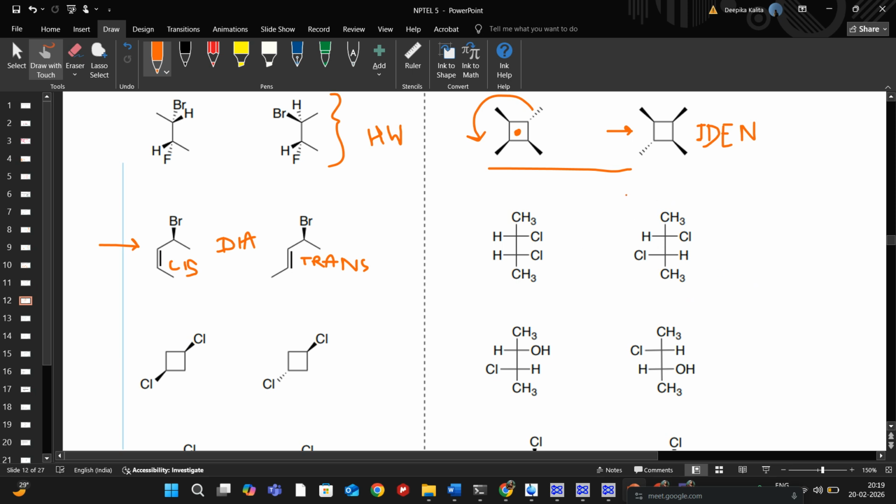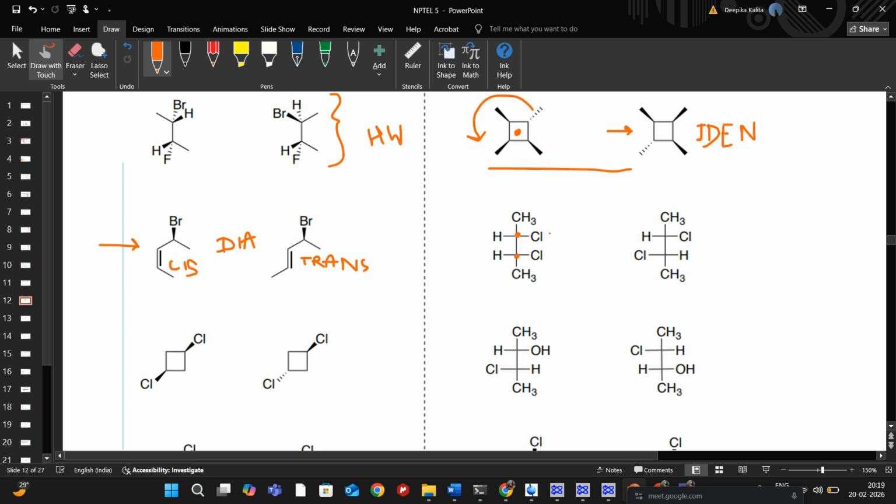Now, we will solve the same thing for these two Fischer projections given. For that we can simply figure out the absolute configurations. First, let us solve the absolute configuration of these two centers.